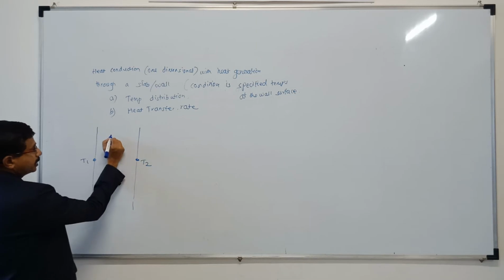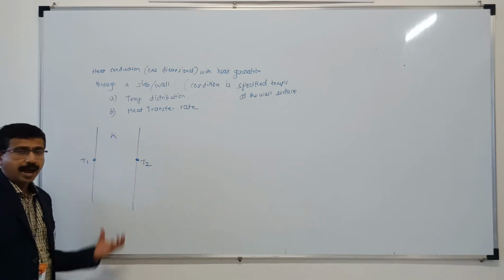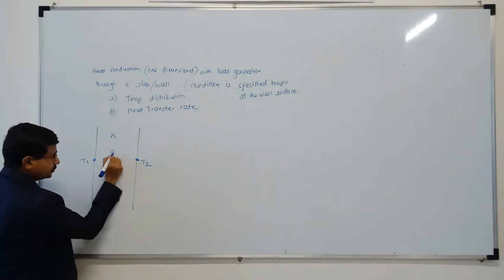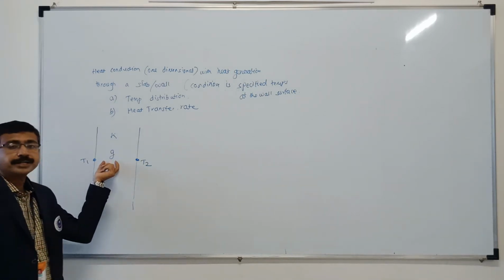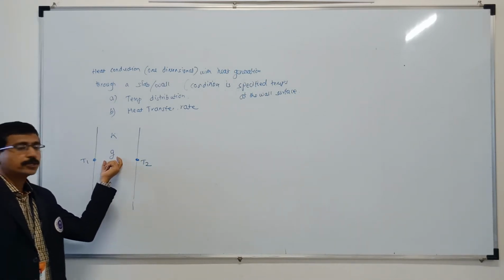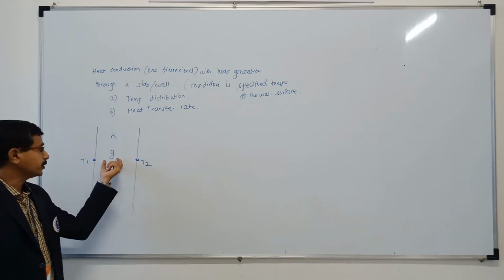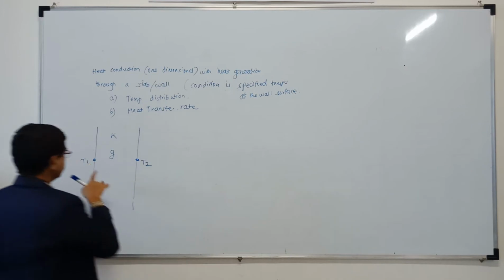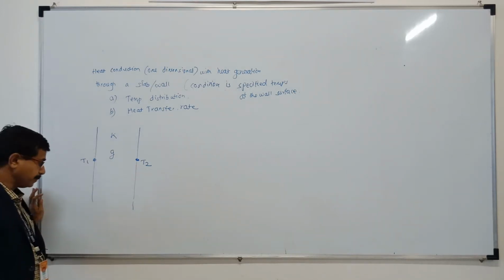This wall is having thermal conductivity k, and as it is the case of heat generation, let G be the heat generated per unit volume. So what is the unit of G? Watt per meter cube. Okay, and these are conditionally specified temperatures. So T1 and T2 are the specified temperatures.